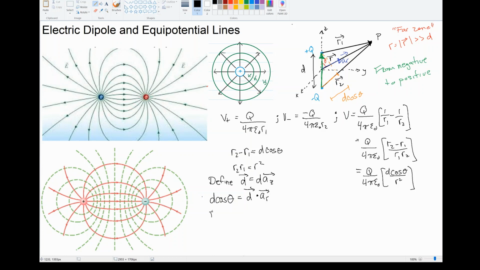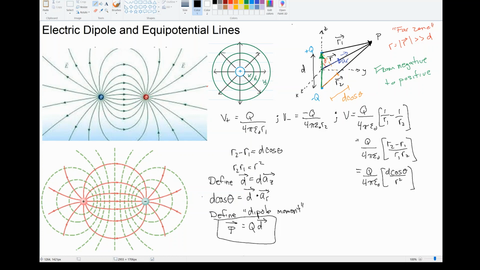Now we're going to define the dipole moment as a vector P, which is Q, the charge of the dipole, the positive charge, times the separating distance. So that's a property of just the dipole itself.